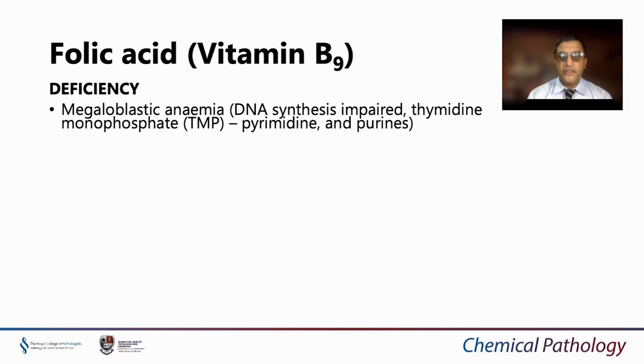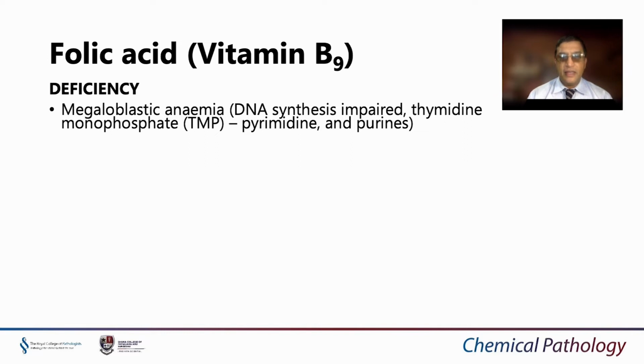Folic acid B9 deficiency is best characterized in megaloblastic anemia. This anemia results because DNA synthesis is disrupted and thymidine monophosphate coupled with purines are not synthesized.